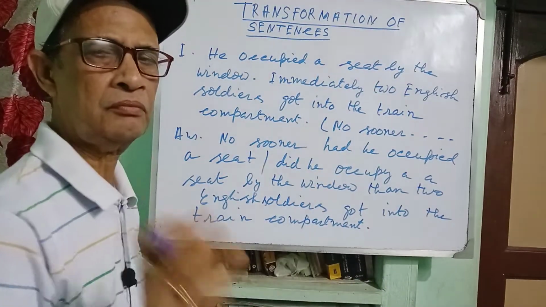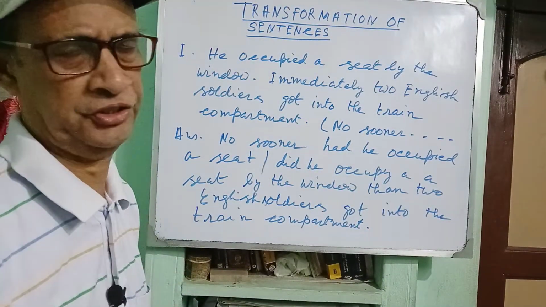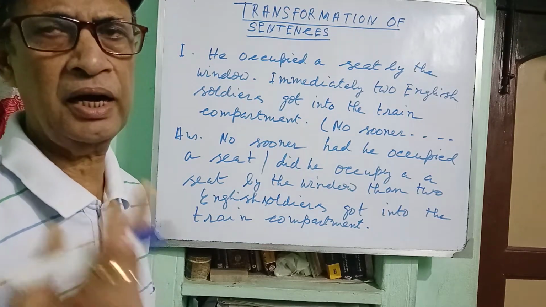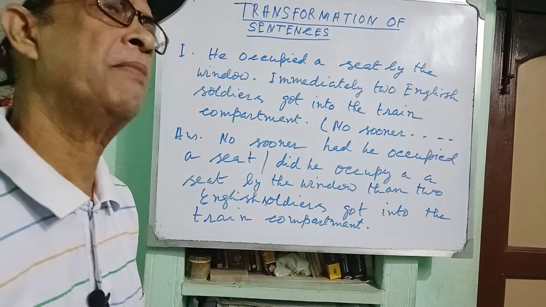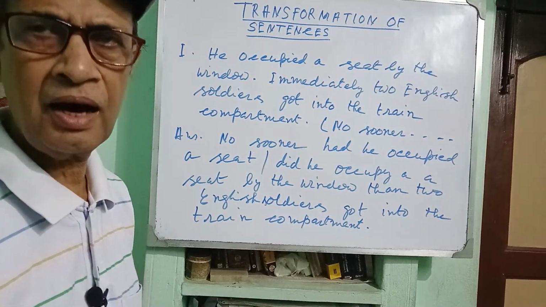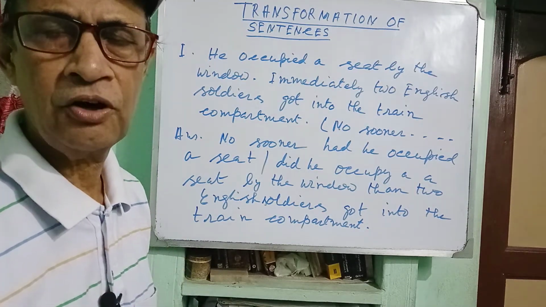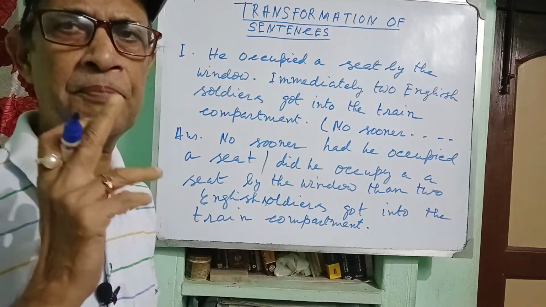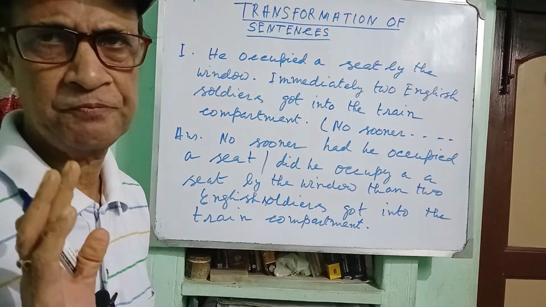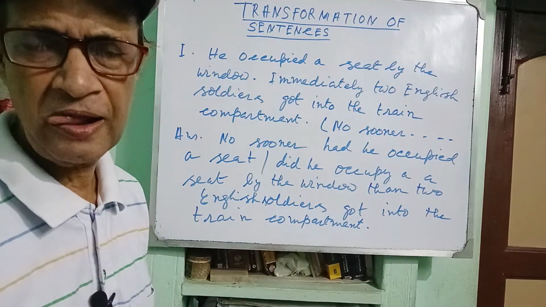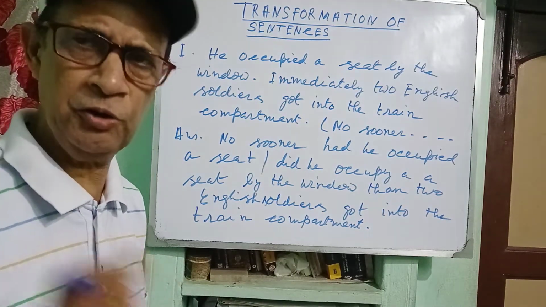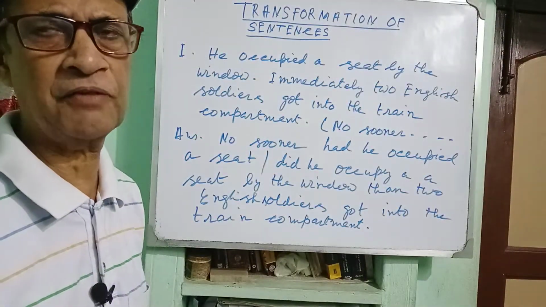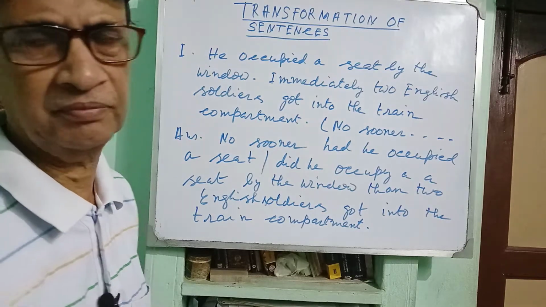Okay. There may be two constructions. I have already mentioned that no sooner is a negative adverbial and it must be followed by either had or did. If you use had, the finite verb or the principal verb must be the past participle form, and if you use do or did, the principal verb or the finite verb must be the present form.